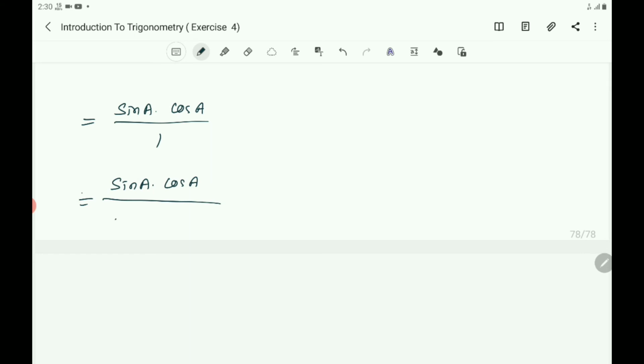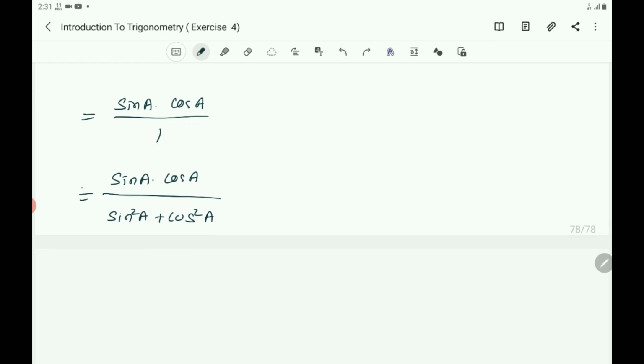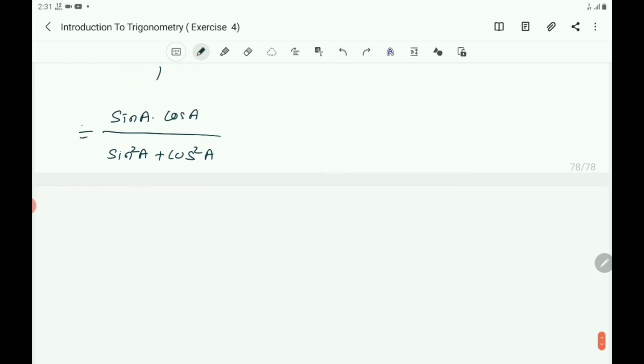That 1 means you write sin square A plus cos square A. In the place of 1 you can write sin square A plus cos square A, and you know that the value of sin square A plus cos square A is 1.